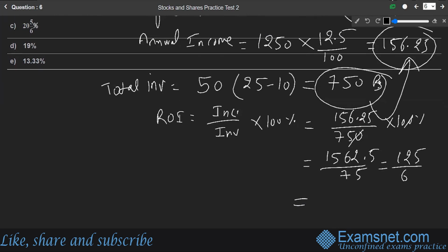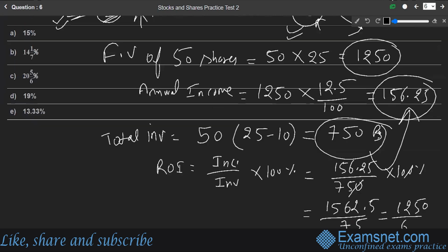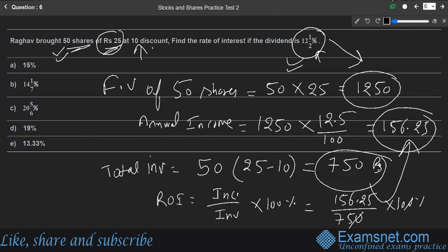So 125 by 6, if you try to do in mixed fraction, 6 2s are 12, and then there is 5 available, so rather this is 1250 divided by 6. So it becomes 25 by 6%. Okay, so 25 by 6%, that is the actual rate of interest. Let us find out where it is available. It is available clearly in option number C, which becomes the right answer for us.